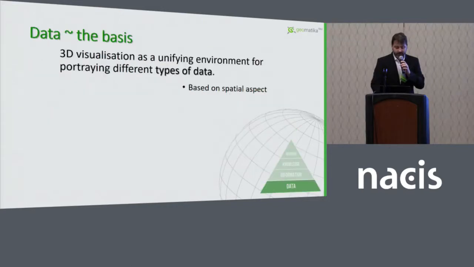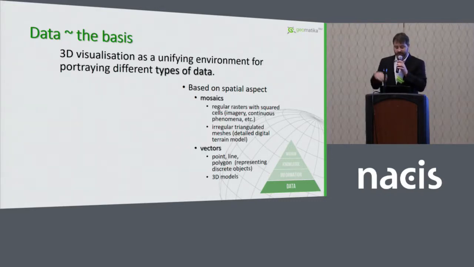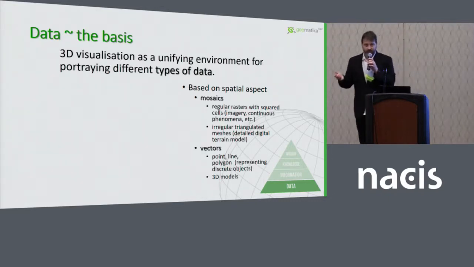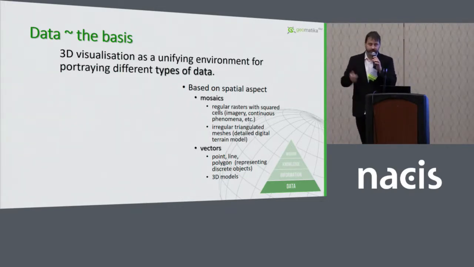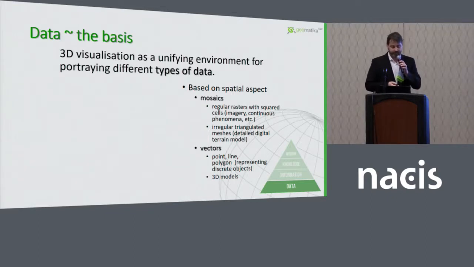Okay, so talking about the data, we all know that based on the spatial aspect, we deal with rasters and vectors, right? Rasters are mosaics, talking about regular rasters or triangular irregular networks. In vectors, we talk about point, line, polyline, polygon, and in 3D, also 3D models, of course.